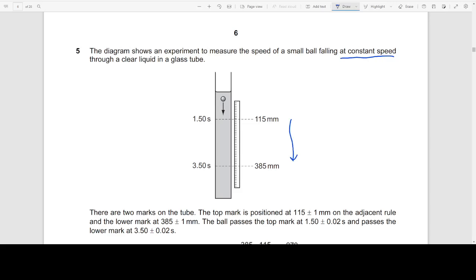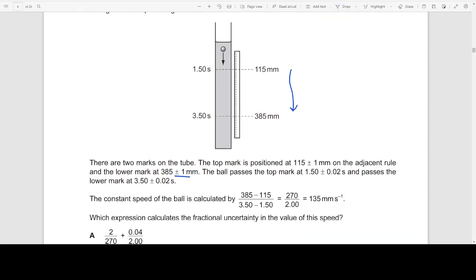The top mark is positioned at 1.5 plus minus 1 millimeter on the adjacent rule, and the lower mark at this. Ball passes the top mark at 1.5 plus minus 0.02 seconds and passes the lower mark at this. So some uncertainties are given. Constant speed of the ball is calculated by this, which is just distance upon time, because speed is constant.